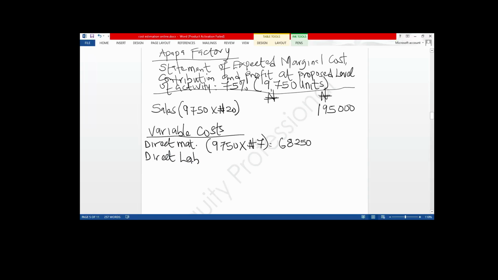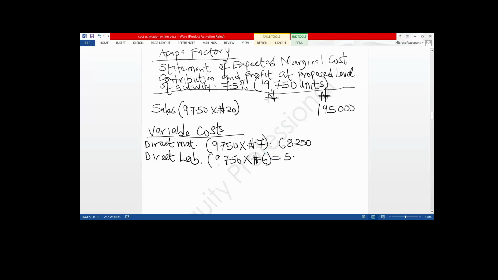Go to direct labor. Direct labor cost is also entirely a variable cost. We are planning to produce 9,750 units. What is labor cost per unit? 6 naira. Please multiply: 58,500.